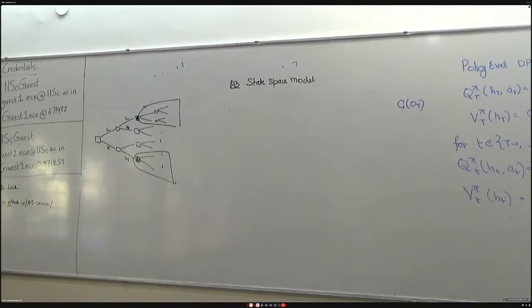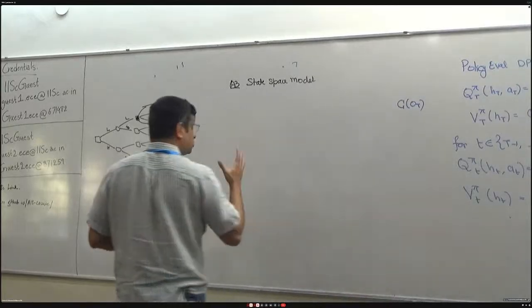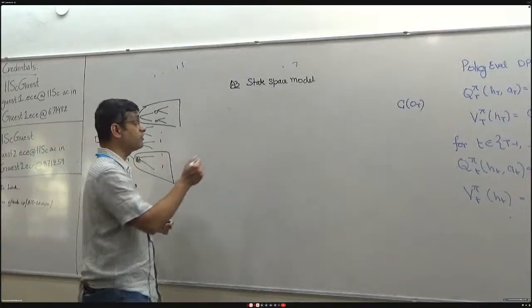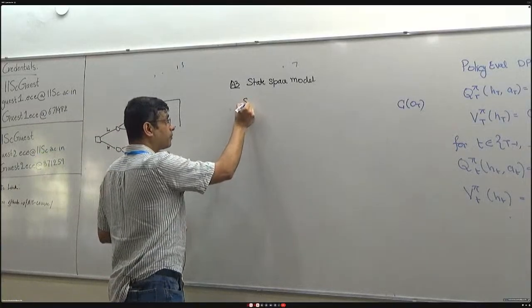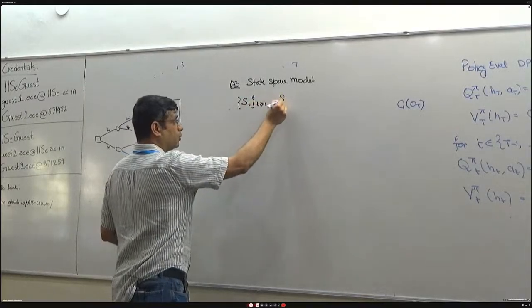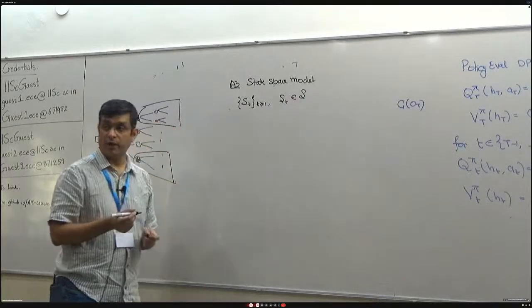What happens in state space models is, suppose the following happens. What is the case in the inventory management problem that I gave? That there is some process S_t which lies in some set S such that the following is true.